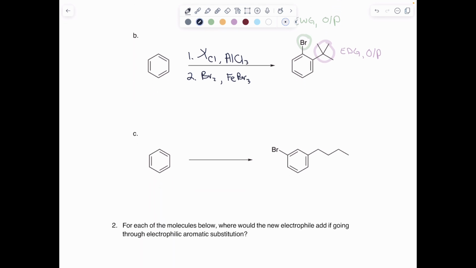Okay, part C. In this one we have another bromine and a, 1, 2, 3, 4 butyl group. So again, the bromine is a withdrawing and it's ortho-para.